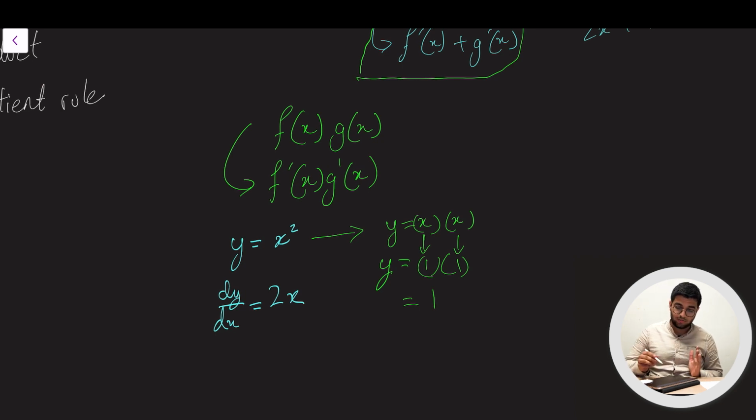Clearly, that is wrong because it's saying that the derivative of x squared is 1, which we know is wrong. You can also think of x cubed, same thing applies. So this doesn't work for quite a few functions, but even if it doesn't work for one, we have disproved this conjecture. This conjecture here is false.